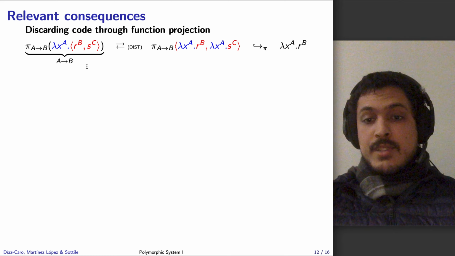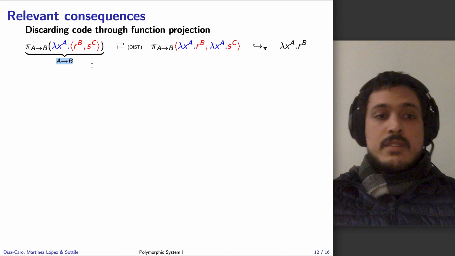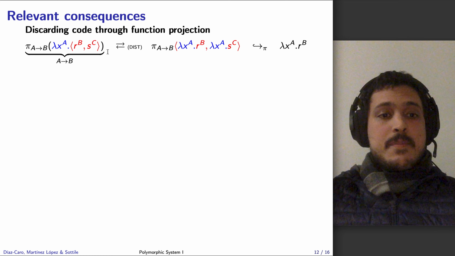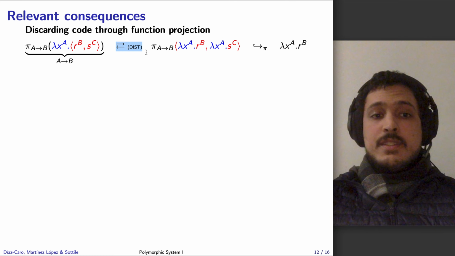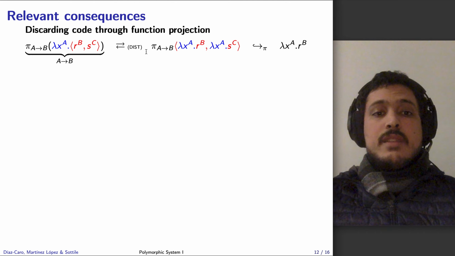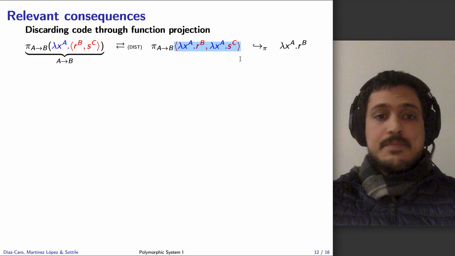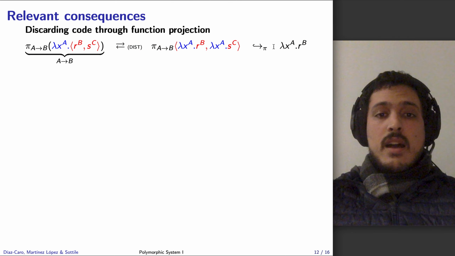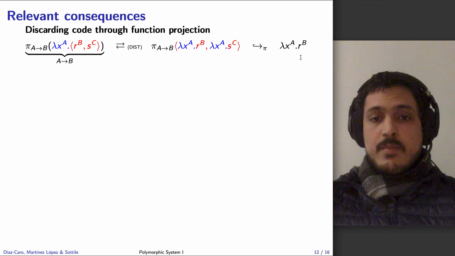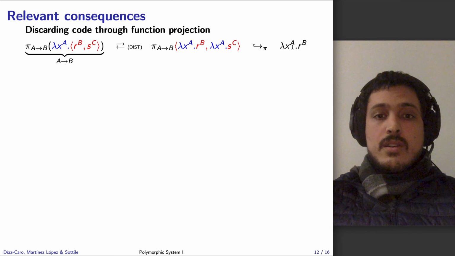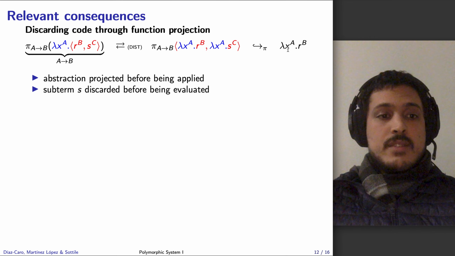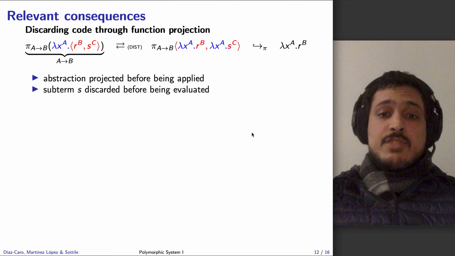So we don't care about the C, right? This, of course, has type A to B. And through the distributivity equivalence, this is transformed into the projection of this pair of functions, and then of course I can get via the projection rule this function. So we can see that we have abstracted the function before it was applied.